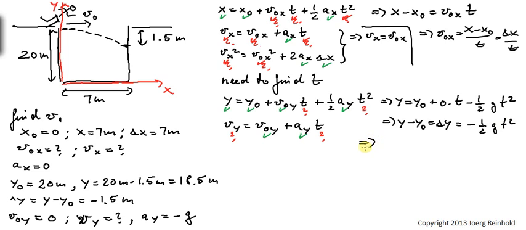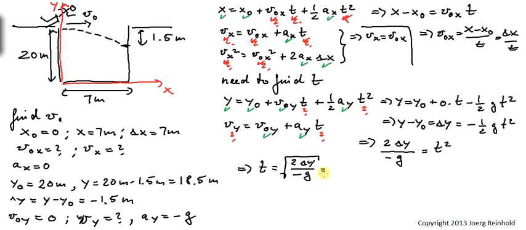From that it follows now that 2 delta y, I multiply left and right with 2, then I divide by minus g also left and right. That is t squared. So what we find is that t equals the square root of 2 delta y divided by minus g.